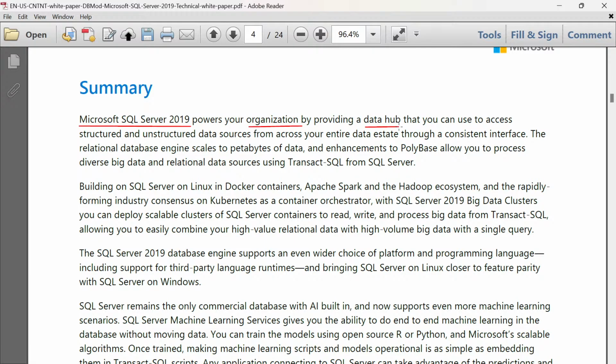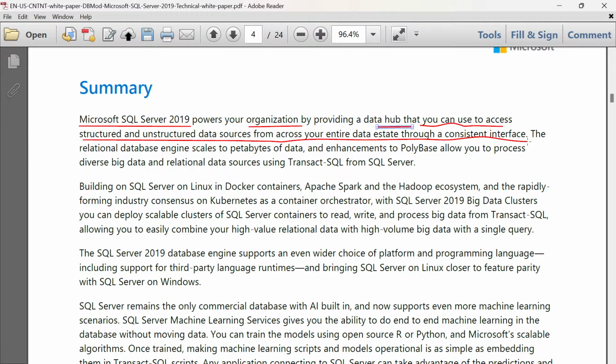Now, these data are accessible by various means. If they are accessible, then they might have been stored somewhere in some format, some manner. So here it says it will provide you a data hub that you can use to access structured and unstructured data sources from across your entire data state through a consistent interface.